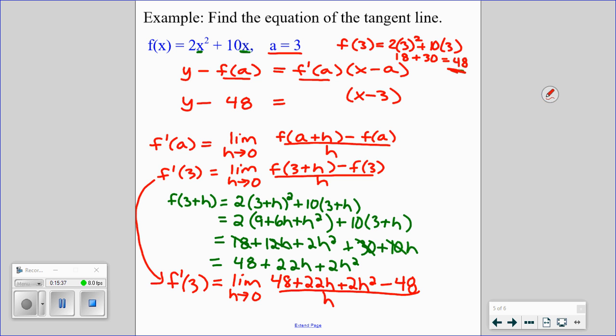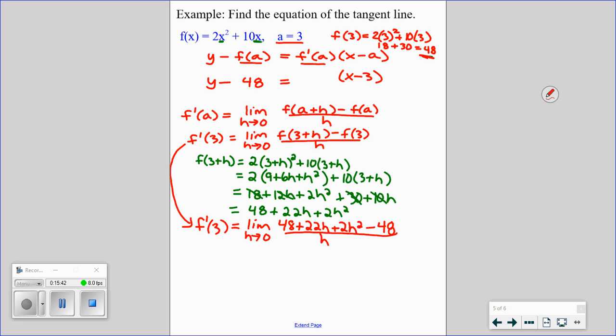Now, you guys, to evaluate this limit right now, if we're plugging in 0 for h, we're going to end up with 0 over 0. So we really honestly have to get rid of the h in the denominator to be able to evaluate this limit.